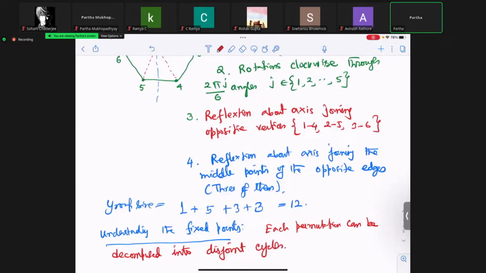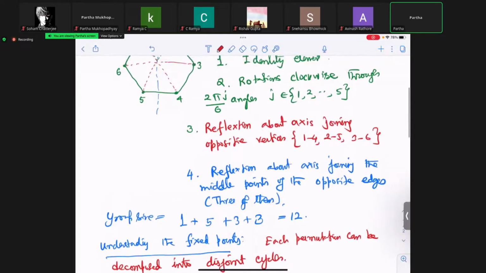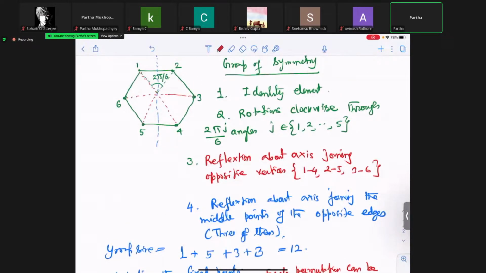In a cycle, you are rotating: 1 goes to 2, 2 goes to 3, 3 goes to 1. If there is a cycle, then if you think for a moment, it is very clear that on a cycle your vertices should be labeled with the same color, otherwise it will not be a symmetry, right?